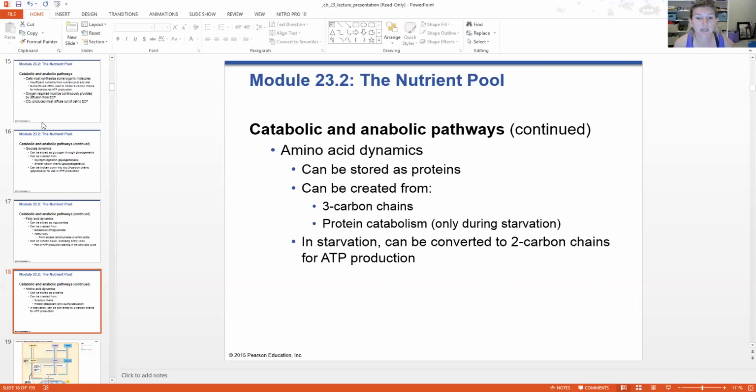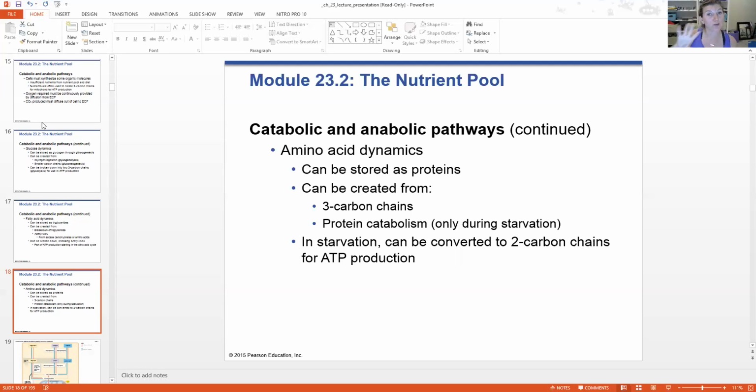And the reason is because in the process of protein catabolism, the breaking down of proteins, there's something that occurs that's called deamination. That's actually taking the nitrogen group off of the amino acid. If you remember, amino acids have a carboxyl group and a central carbon and a nitrogen, right? Well, this nitrogen is taken off and it accumulates in the form of ammonia in our body, which is toxic.